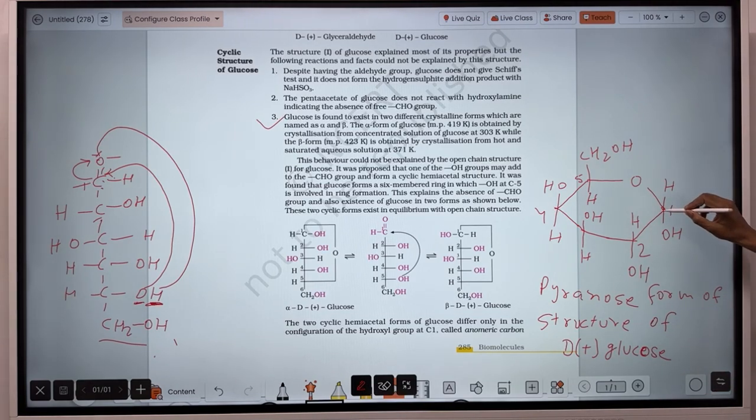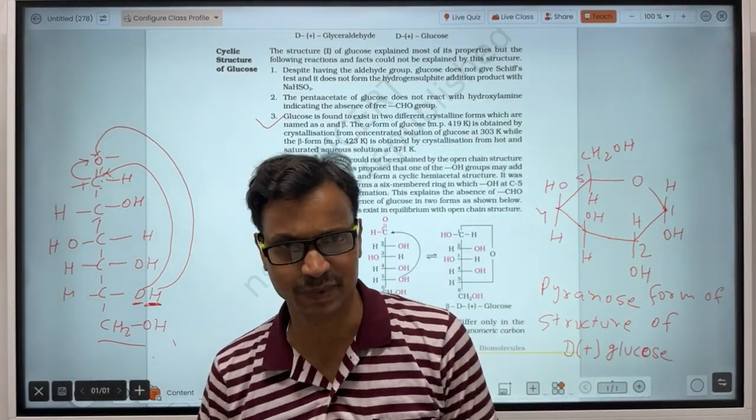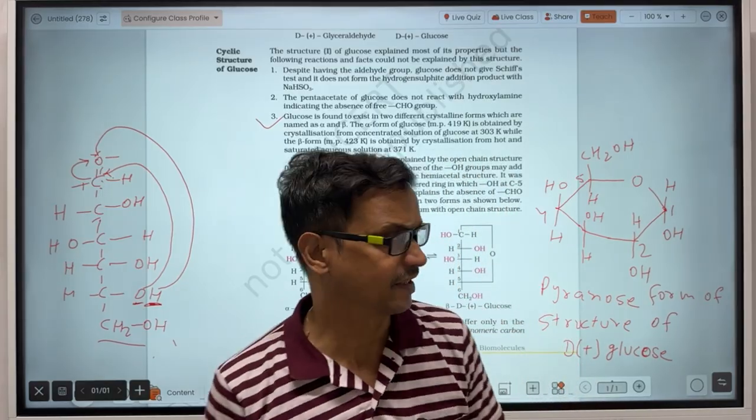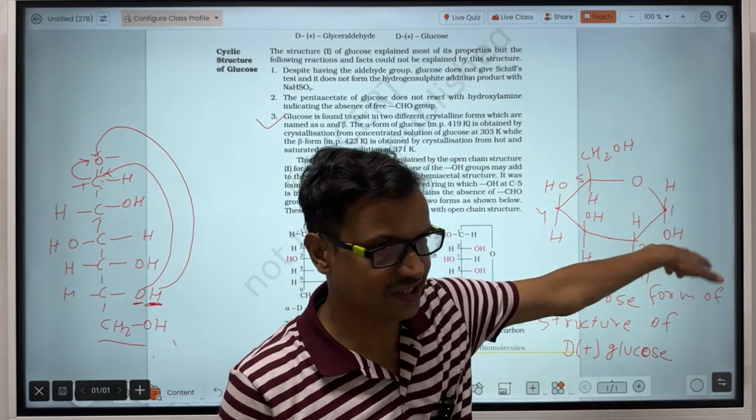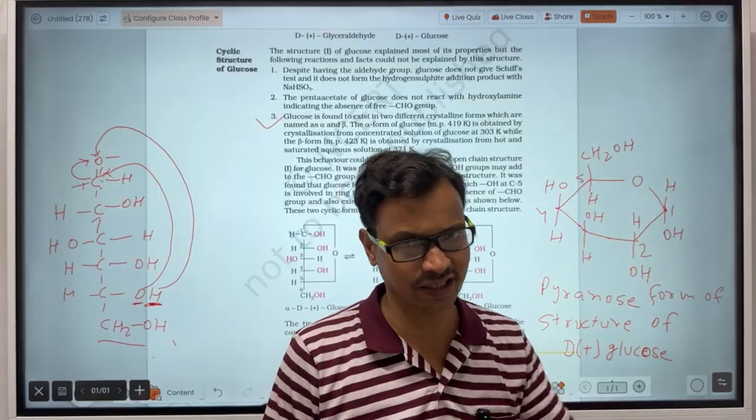That will be indicated at the first carbon atom, by whether the OH is below side or above side. Alpha or beta, about that, and nothing else. The glucose is of alpha type or of beta type. That is predicted by the fact that OH is at the lower side or at the upper one.